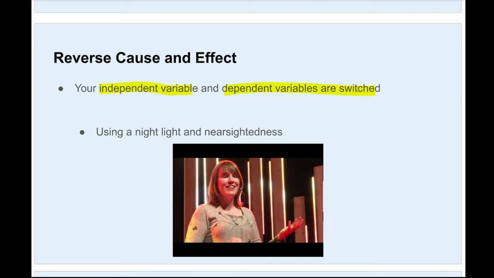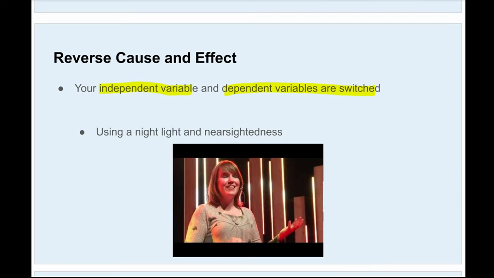However, when they looked at it further, it wasn't that nightlights were causing nearsightedness, because nearsightedness is a genetic trait passed down from parents. So it's actually the parents' nearsightedness that was causing them to use a nightlight.